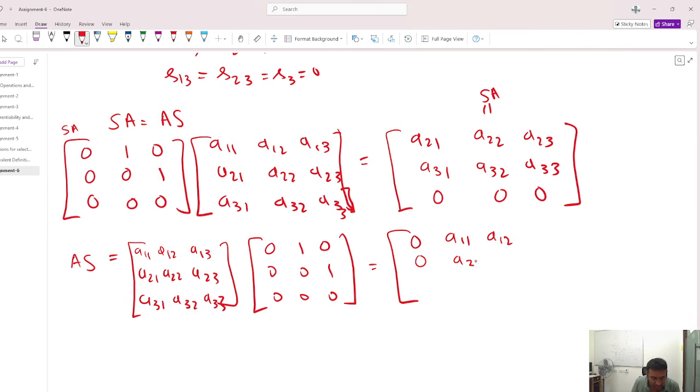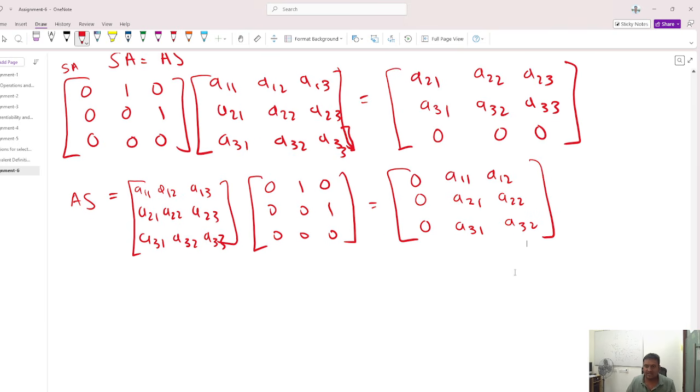No, something is wrong. So this with this, no, it's correct. Now what we will get is A21 and then A22, and similarly 0, A31 and then A32. And SA is equal to AS.